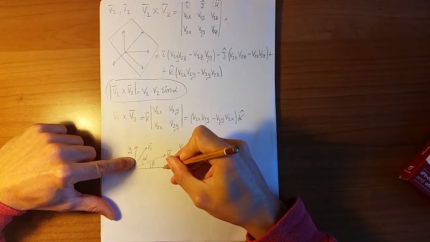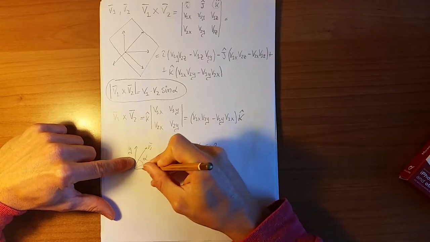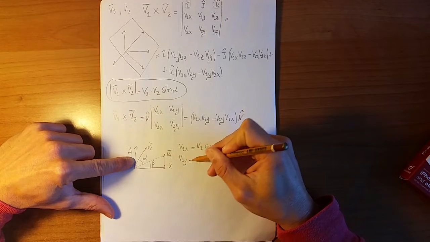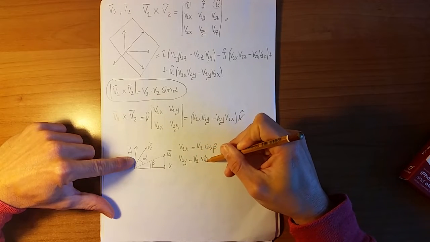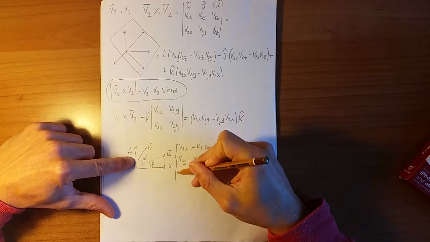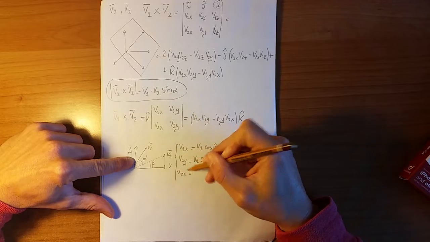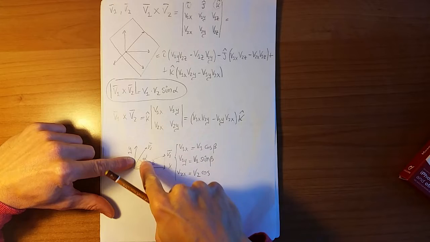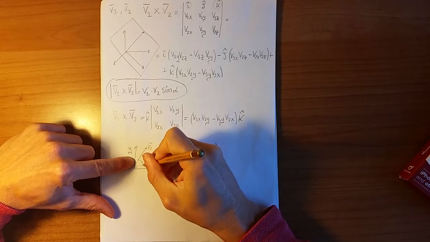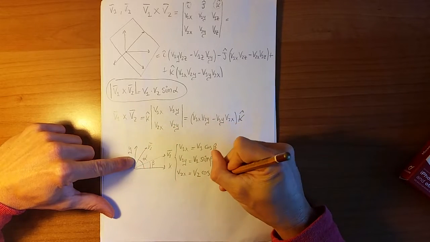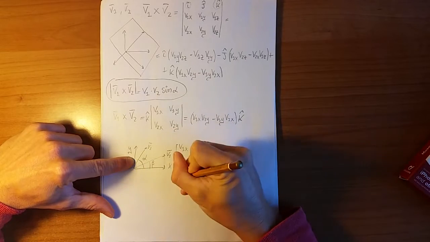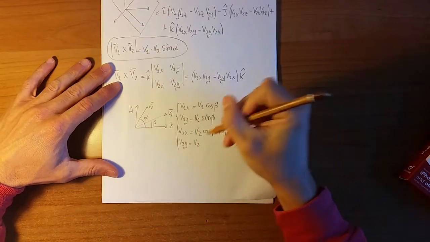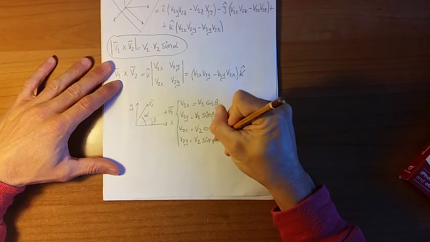This is v1x. v1 times cosine beta gives me v1x. v1y is equal to v1 sine beta, whereas v2x is equal to v2 cosine of alpha plus beta, because in this case we have to consider this entire angle here. And then we have v2y equal to v2 sine of alpha plus beta.